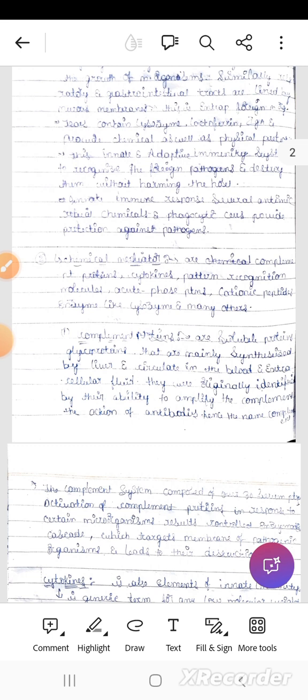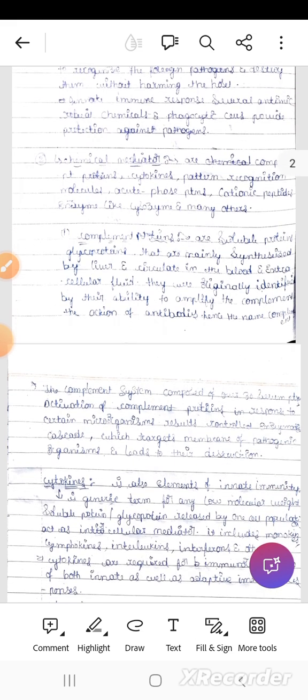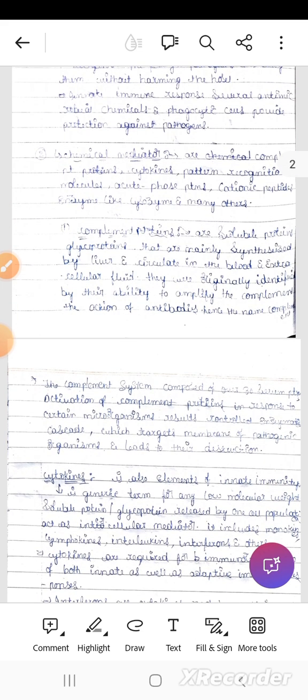Chemical mediators are complement proteins, cytokines, pattern recognition molecules, acute phase proteins, cationic peptides, enzymes like lysozyme, and many others. First is the complement proteins. These are soluble proteins or glycoproteins mainly synthesized by the liver that circulate in the blood and extracellular fluid.